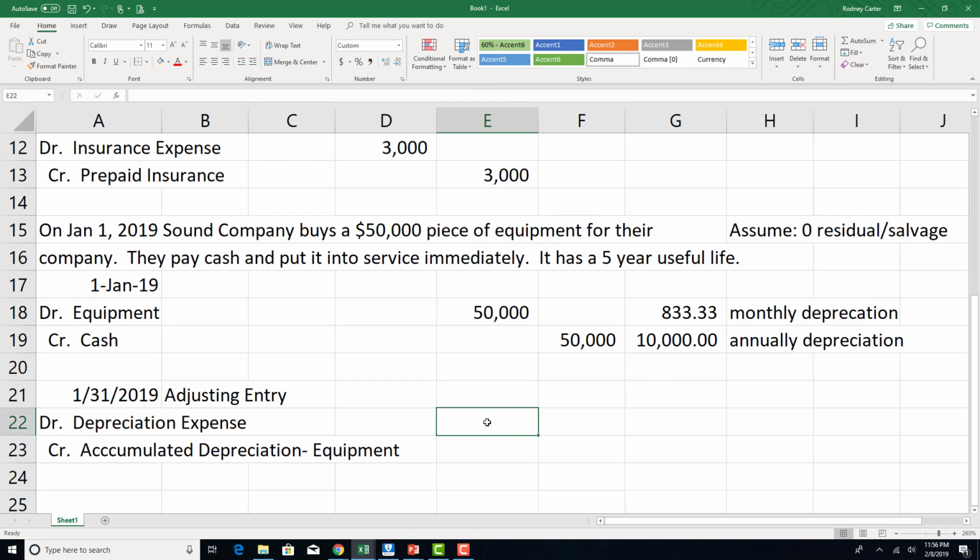So this depreciation entry is going to be, let's see here. Yeah, we're going to do a monthly first.